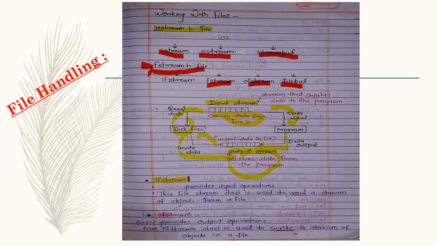This is a data type that represents the input file stream and is used to read information from files. This class is used for file handling methods. It provides input operations. It contains the open function with default input mode.